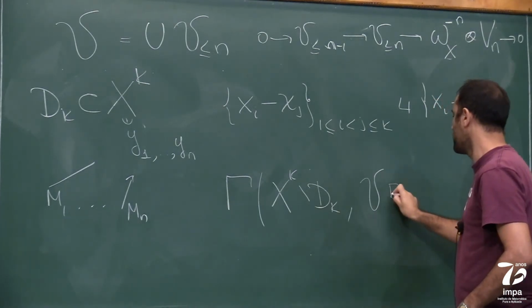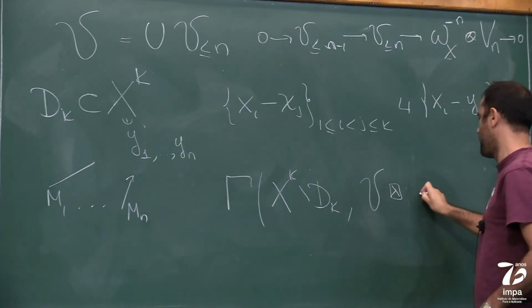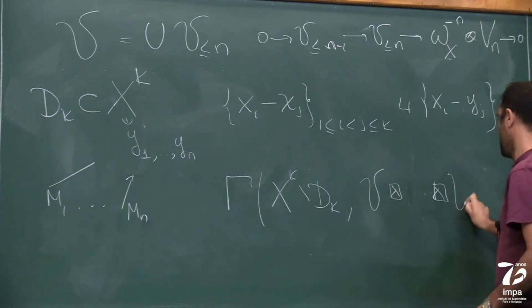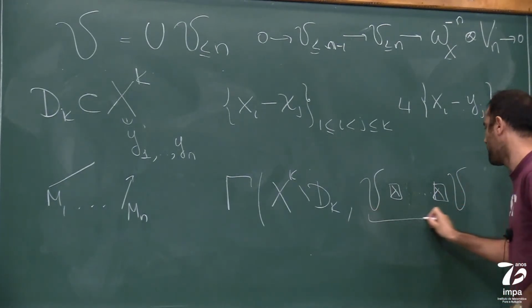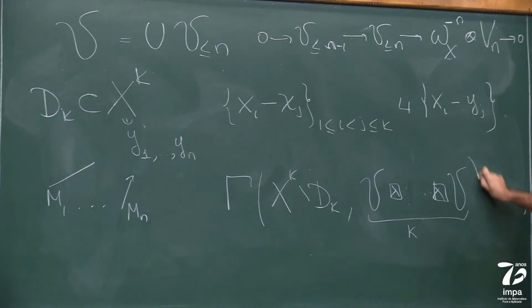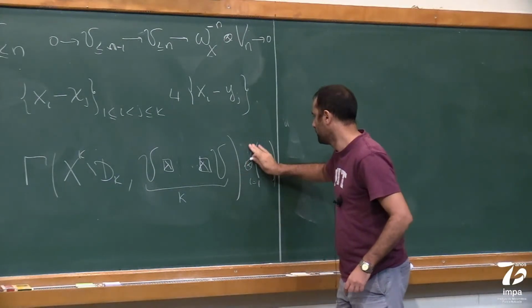I'm not telling you what this is, but I wanted to correct something. So this is k copies of this bundle. And then I'm going to take the tensor product of all my modules. These are n of them.